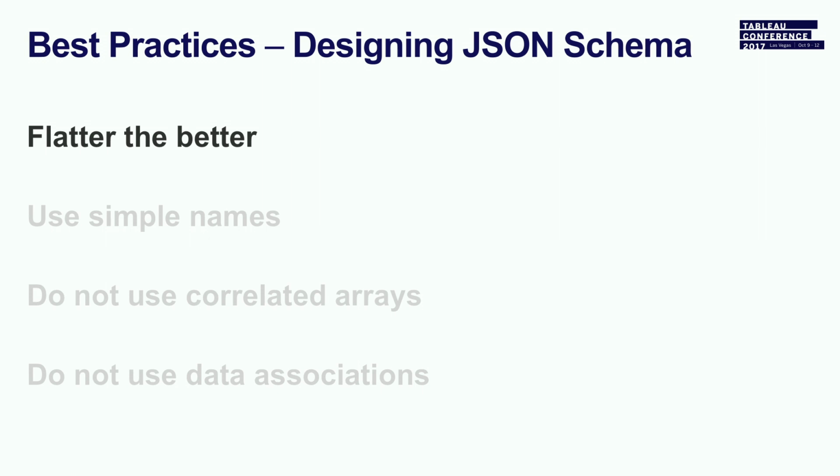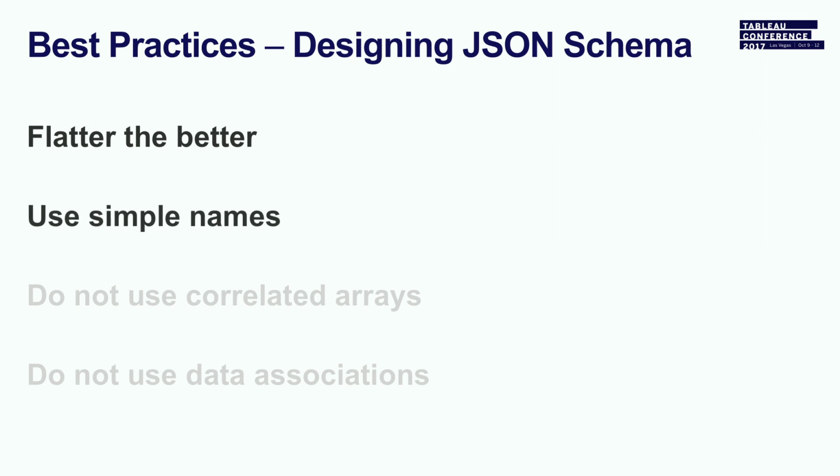The first and foremost one is that a flatter structure is better. Although you can have a really deeply nested JSON structure, flatter is better to understand and maintain. Additionally, you will have this advantage that it will work with most data analysis tools.